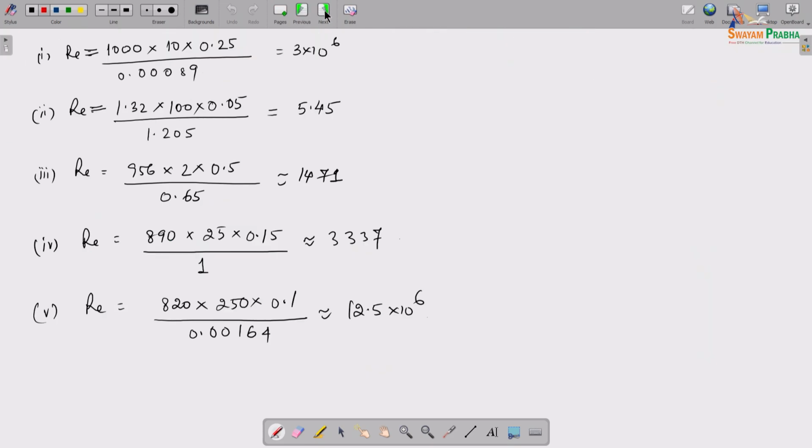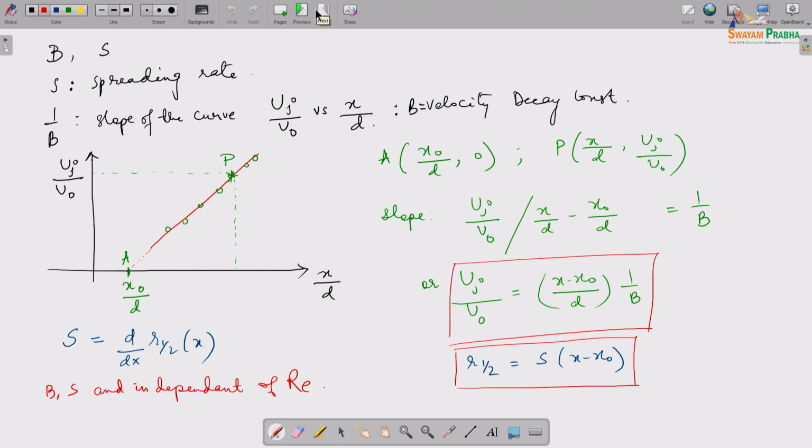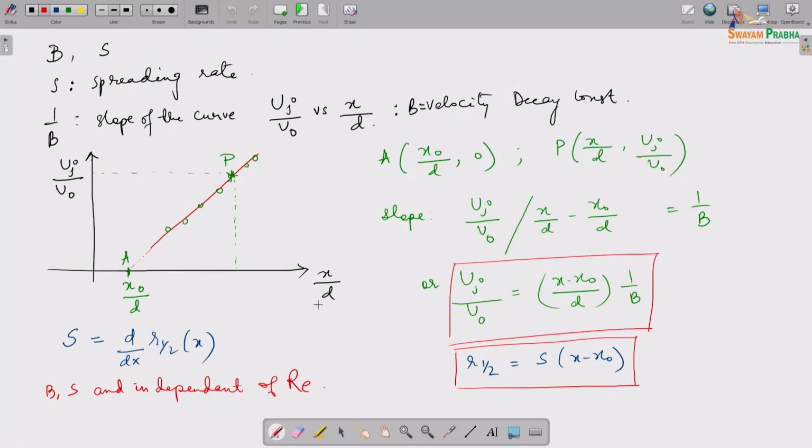If for all the 5 jets you plot uj by u naught on the y-axis with respect to x by d on the x-axis, all of them will fall on the same straight line, such that the slope is given by the velocity decay constant b, and s is the spreading rate.